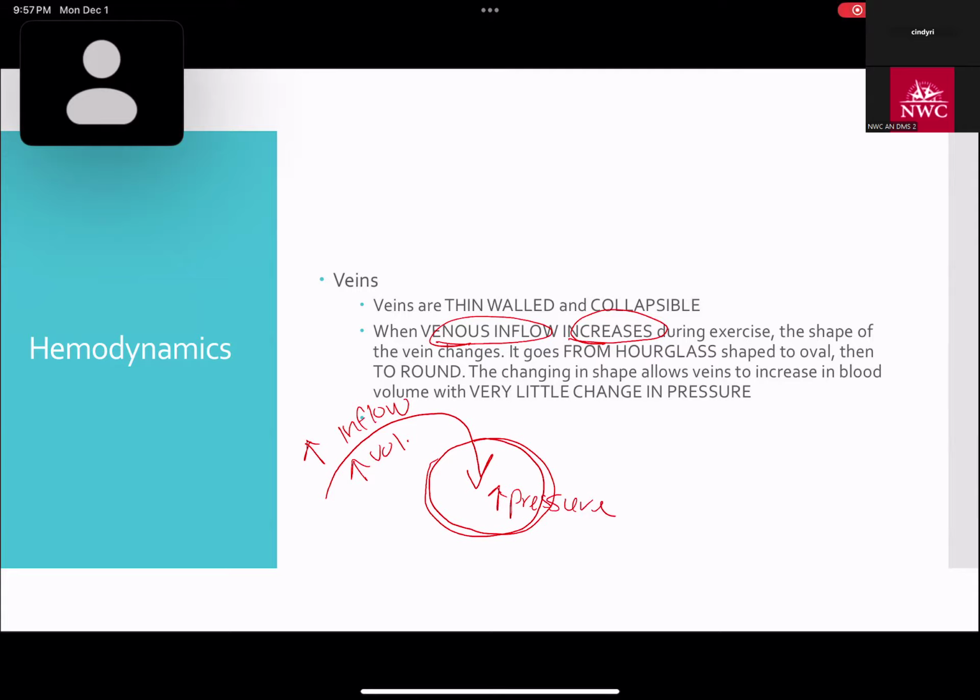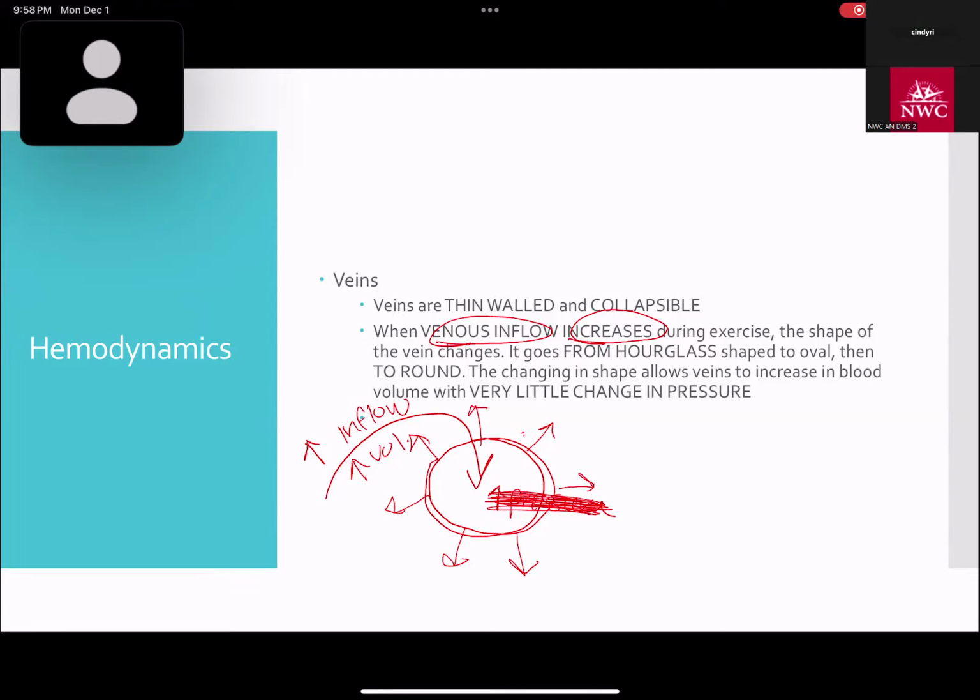However, with veins, that's not the case. There actually is very little change in pressure at all. And the reason that there is very little change in pressure in a vein is because the vein will simply change shape. So it will expand in order to accommodate that large venous inflow or that large volume.